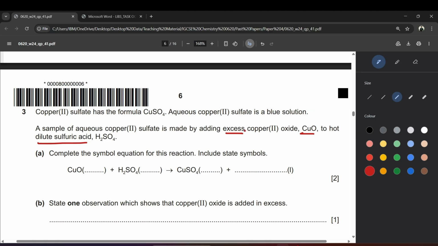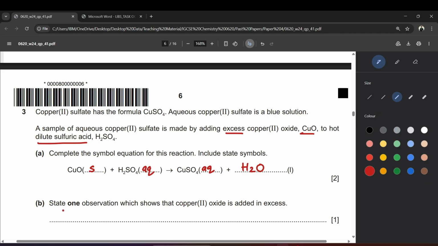In neutralization, you add excess of your insoluble base. So therefore, this is going to be in solid state. Your copper 2 oxide is an insoluble base, so this will be in solid state. Acid is always aqueous. Copper 2 sulfate is a soluble salt solution, so this will also be in aqueous state because this is a solution. The last product that you get will be water.